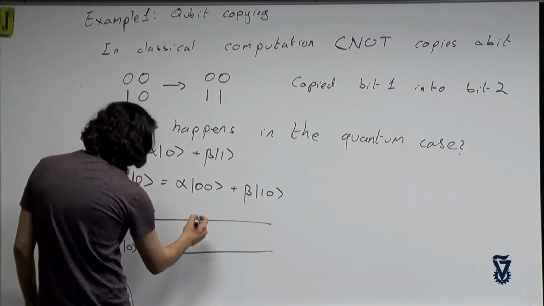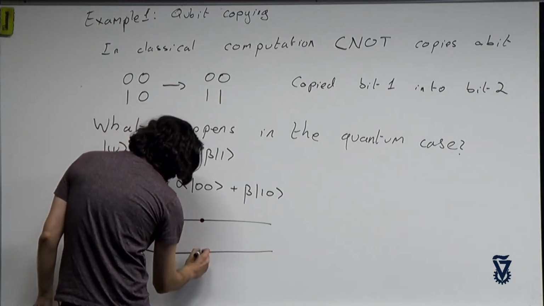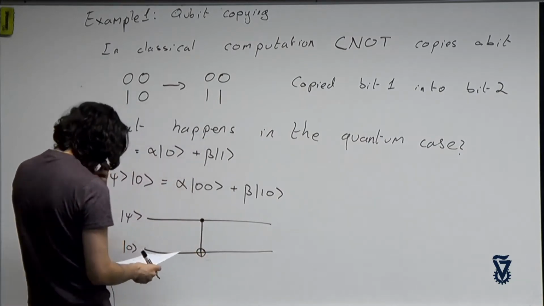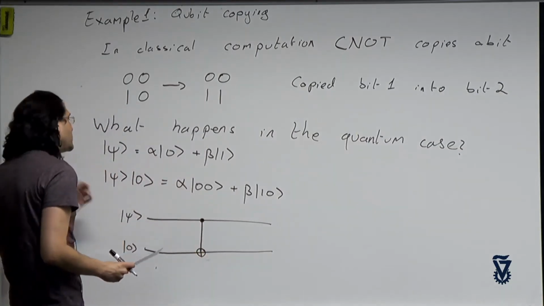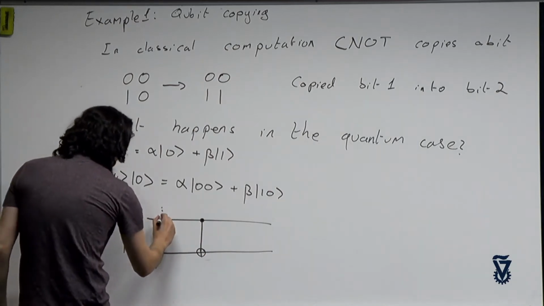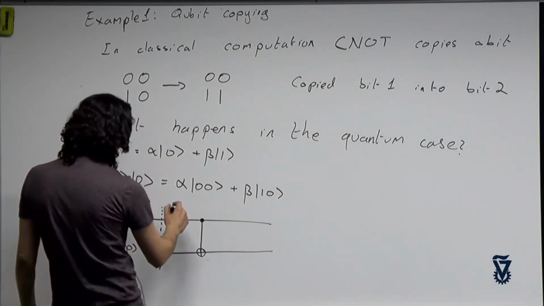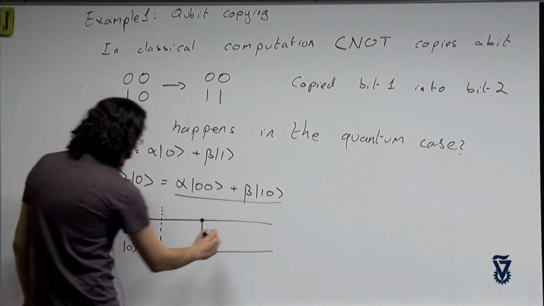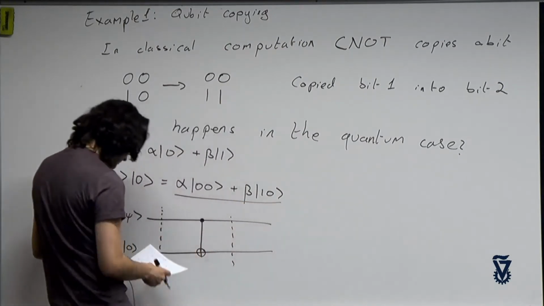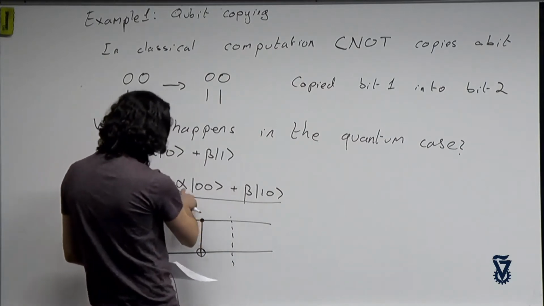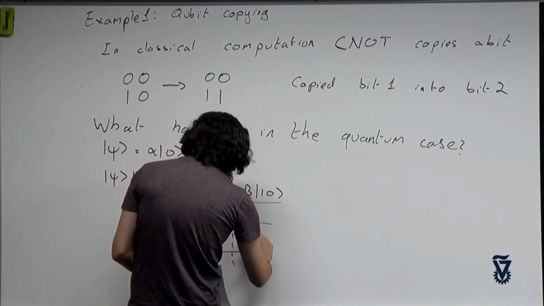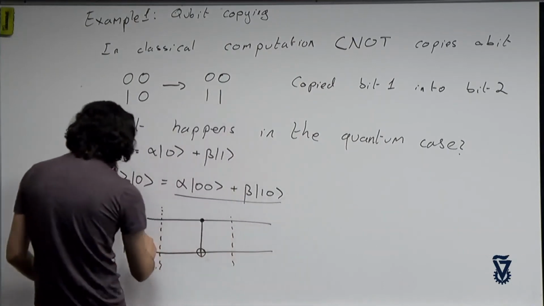And what we're going to do is a simple CNOT operation. So at this time point, we were in this state over here. And after the CNOT operation, what happens? So alpha 0,0 stays alpha 0,0.